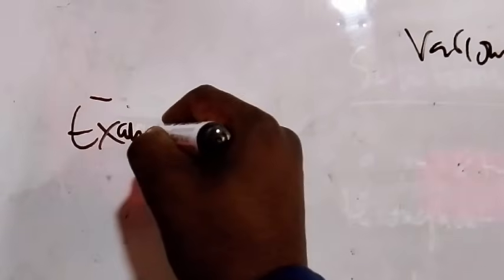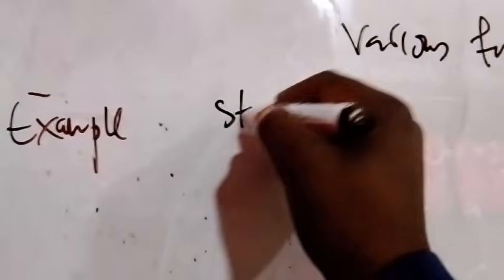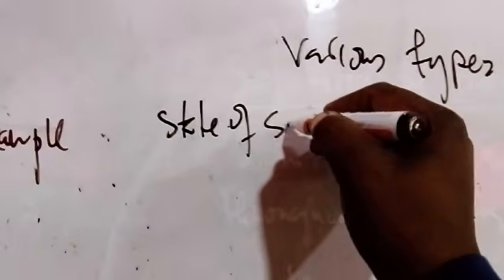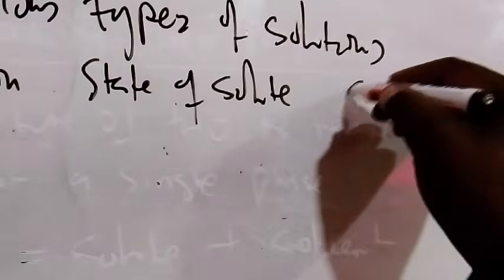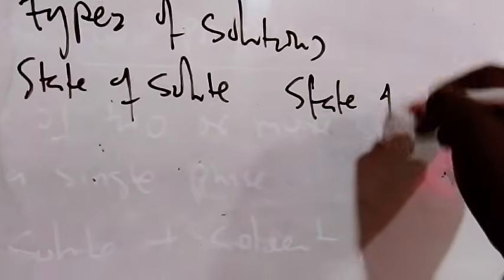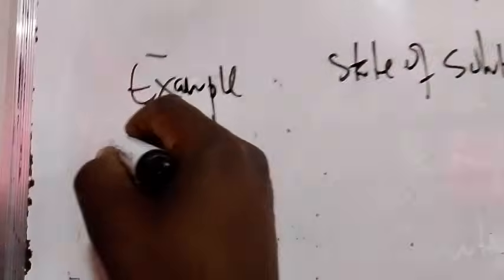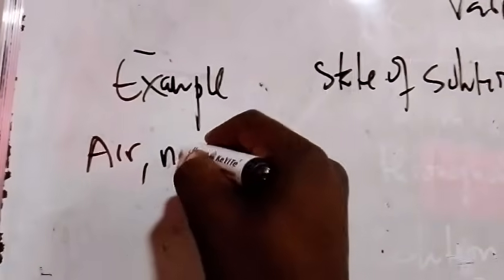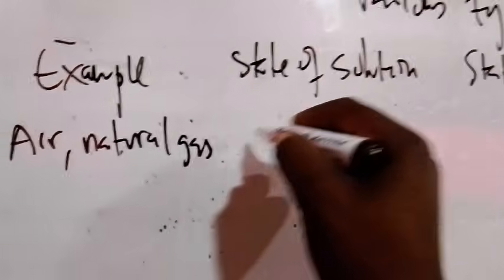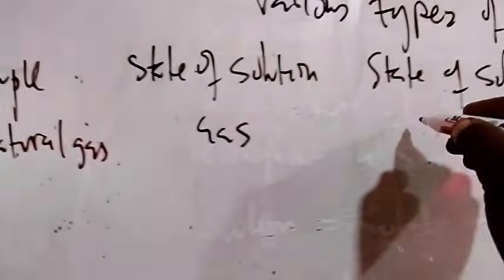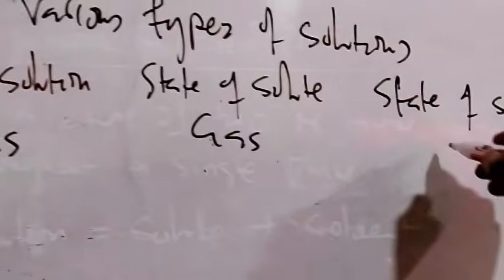Example: state of solution, state of solute, then state of solvent. For example, air or natural gas. State of solution, gas. State of solute, gas. State of solvent, gas.